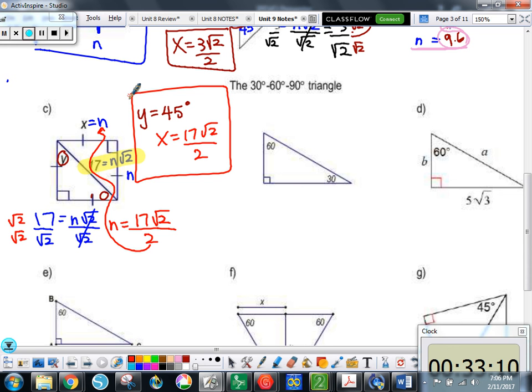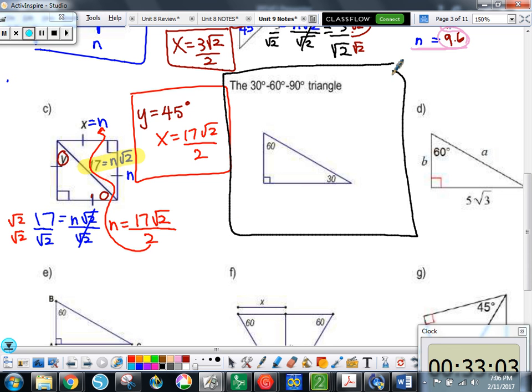Now, we need to talk about the 30, 60, 90 triangle. This is the second formula, so you're going to have a bunch of writing on this page. Box this one. This is the second formula. Okay, so you've got your 30, 60, 90. Across from the 30 is n.